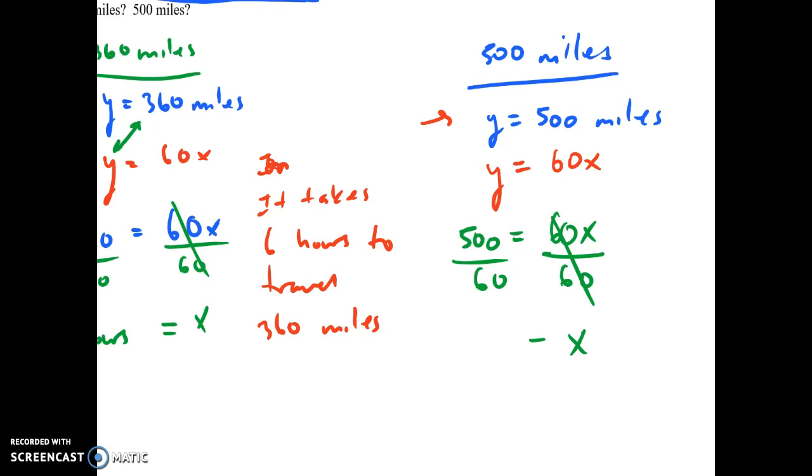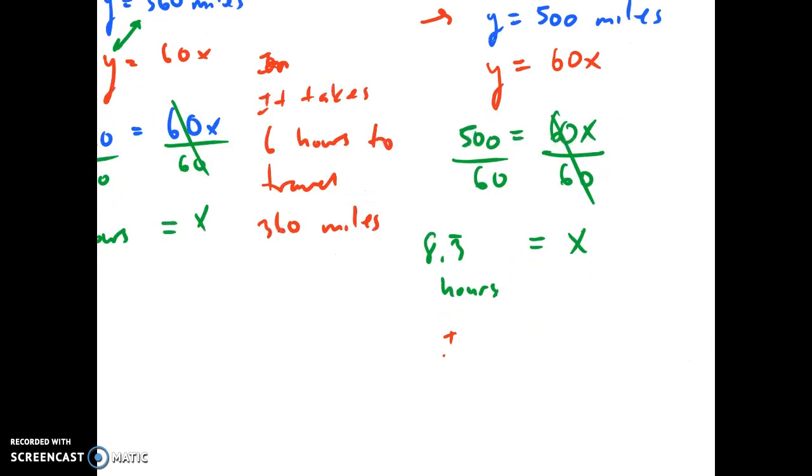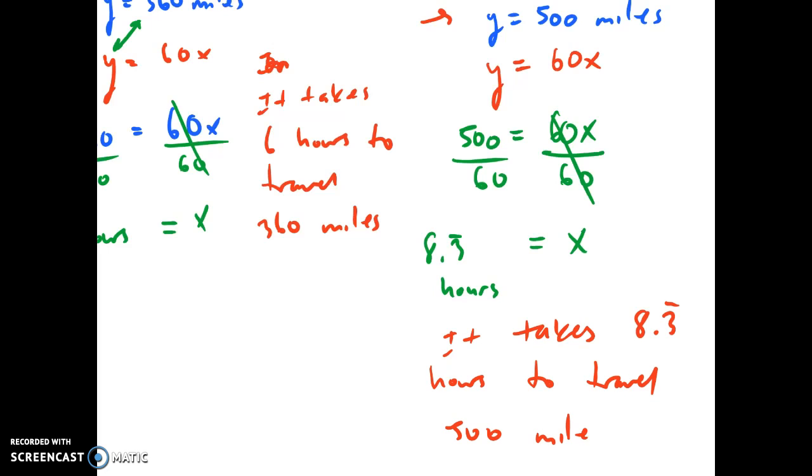This divides to 1. 500 over 60. And we get 8.3. And that continues hours. So we would write, it takes 8.3 hours to travel 500 miles.